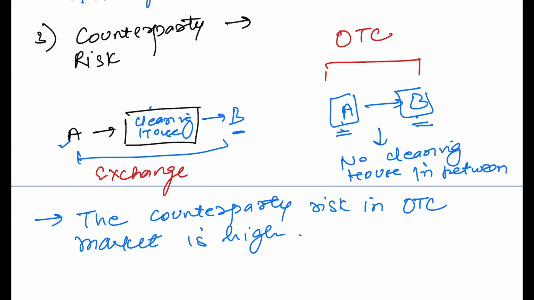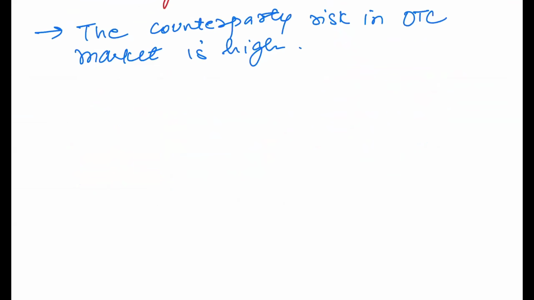And why do we have a higher counterparty risk? Because the contracts are not guaranteed by the clearinghouse. So the risk depends on the creditworthiness of the parties that are involved in the transaction. Okay.